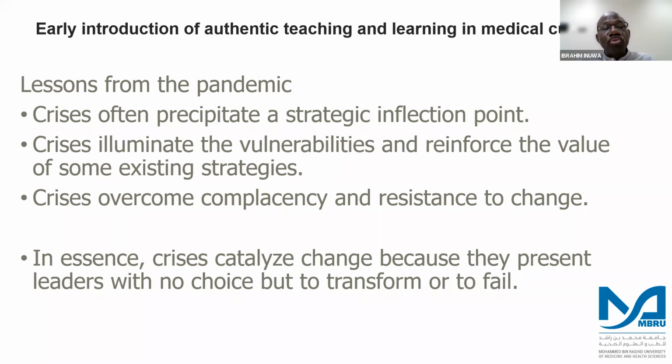In that way, you overcome resistance to change and complacency. In essence, the pandemic has shown us that we have no choice but to transform, or the next time we're going to fail.